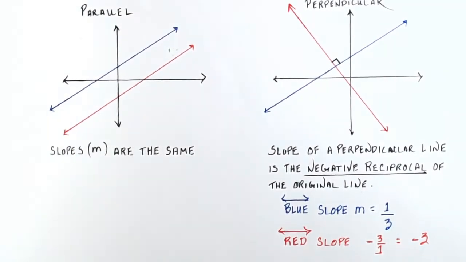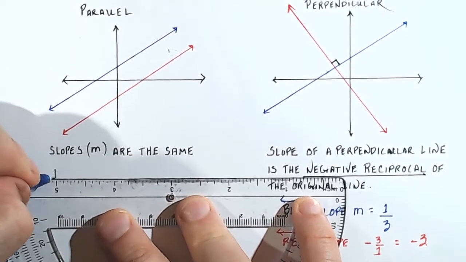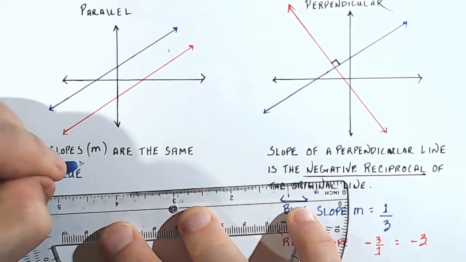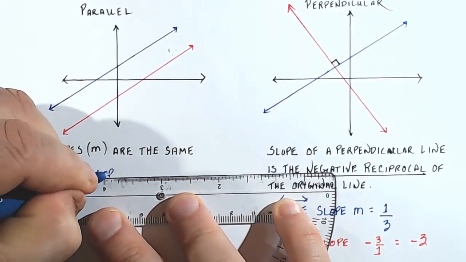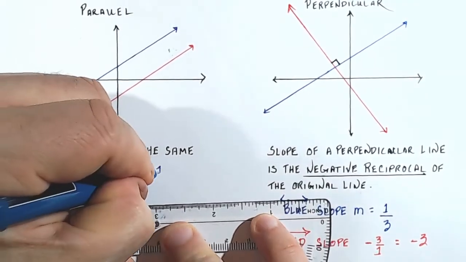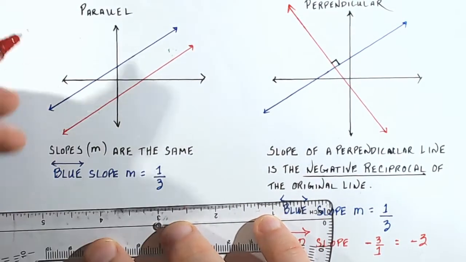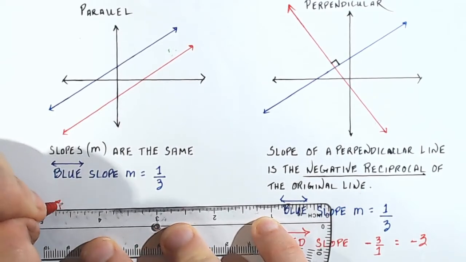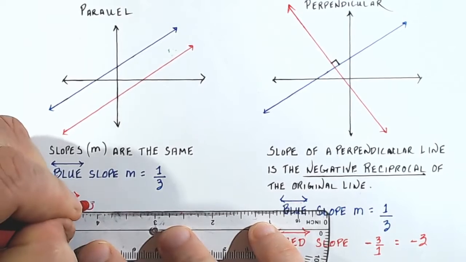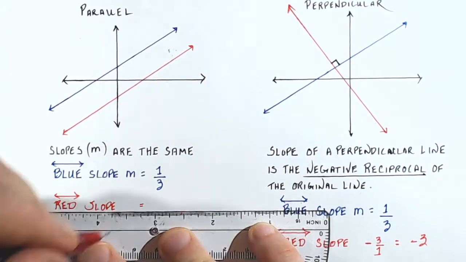Back to parallel, a couple of practice problems on these. If the blue slope m equals 1/3, then the slope of the red line is equal to 1/3.